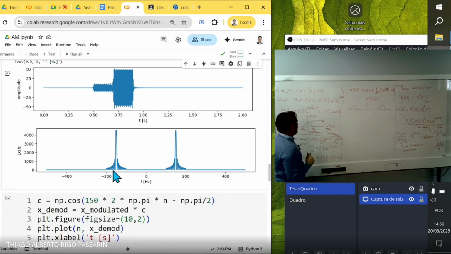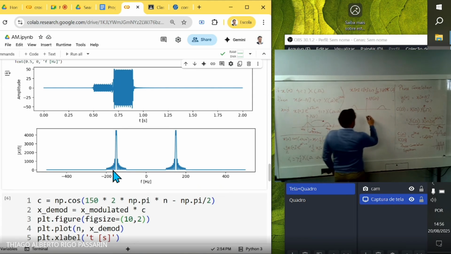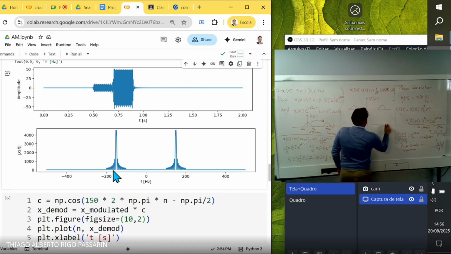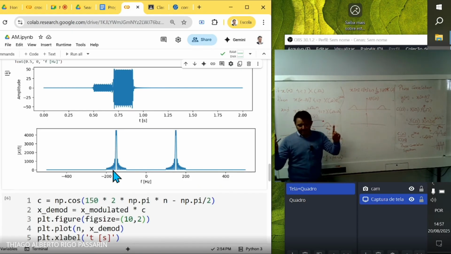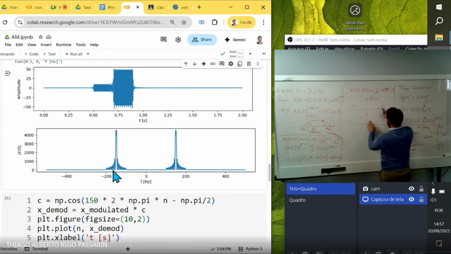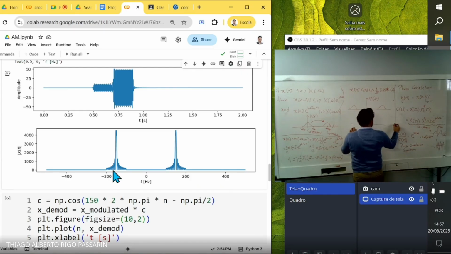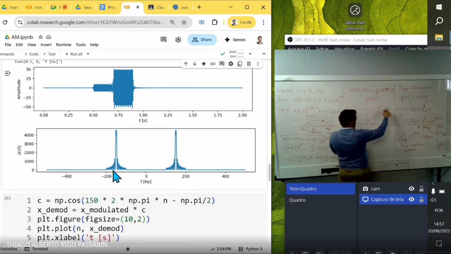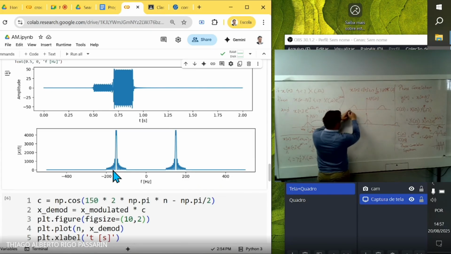How to shift back? If I multiply again by the carrier, then this guy will be convolved with both impulses. So I will create one copy of it here, one here, another here with twice the frequency, the original shifting frequency. Same for this one. I will have two of them here, one here with twice the frequency.